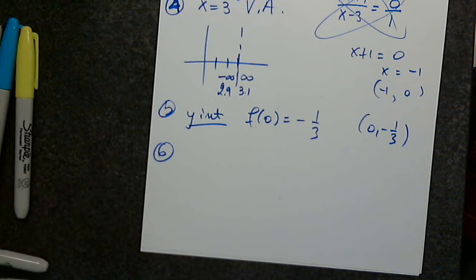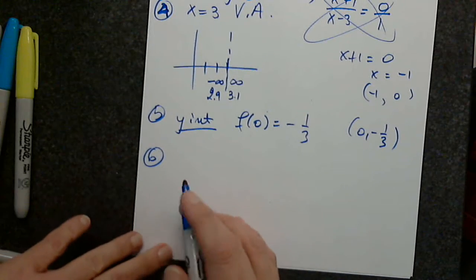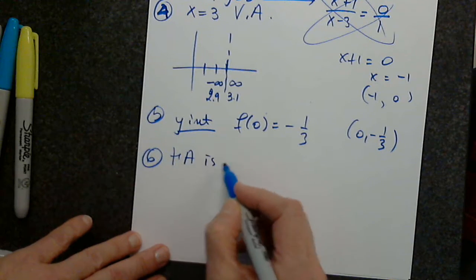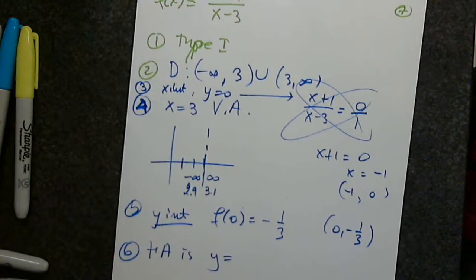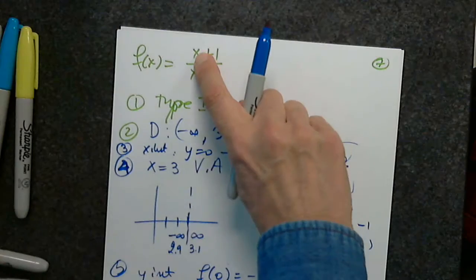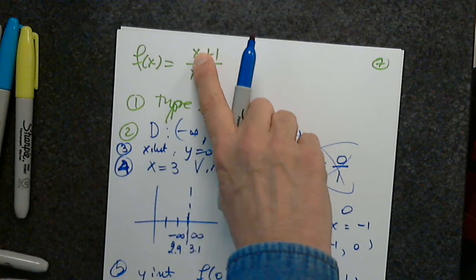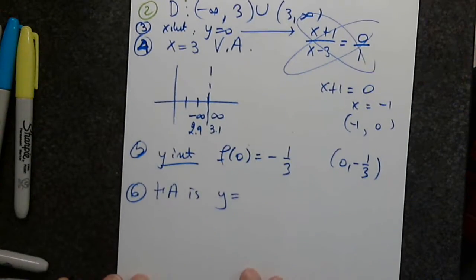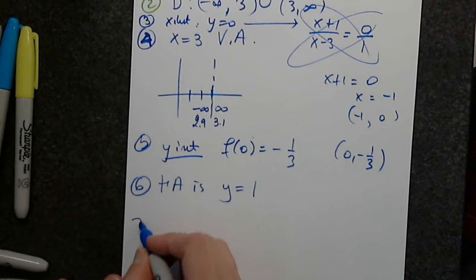What did I say number 6 was? End behavior. Very good. Since this is type 1, the end behavior and the horizontal asymptote is y equals the leading coefficient of the top, 1, over the leading coefficient of the bottom, 1. So 1 over 1 is 1.